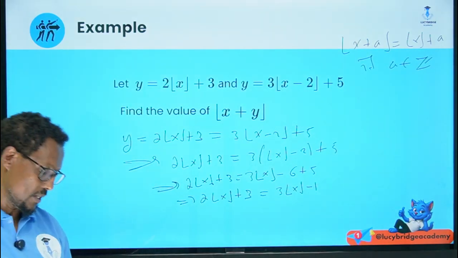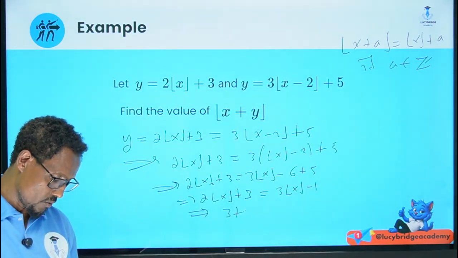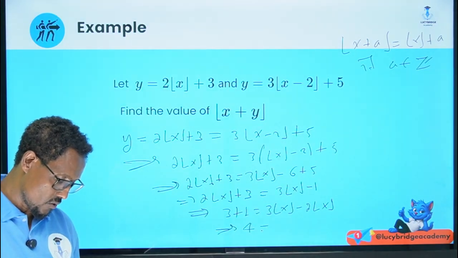Minus 6 plus 5 is minus 1. Now collecting like terms, 3 plus 1 is equal to 3 floor of x minus 2 floor of x, which means 4 is equal to floor of x. The floor of x is 4.